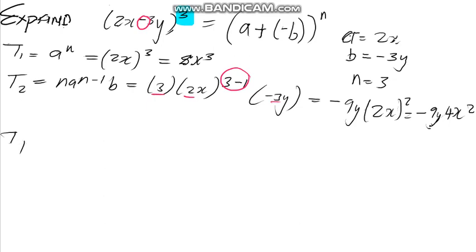So let's move to t2. If you multiply 9 by 4, you'll get 36.